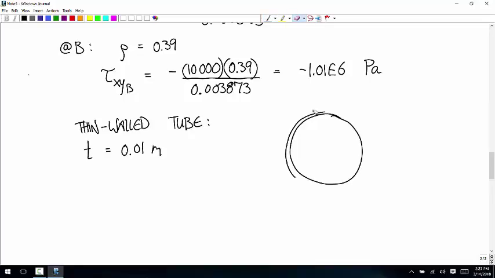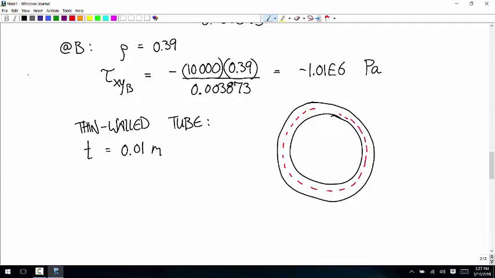How did I draw that so thin? Our median line is right in between the inner and outer. And so this time, that radius is 0.395.